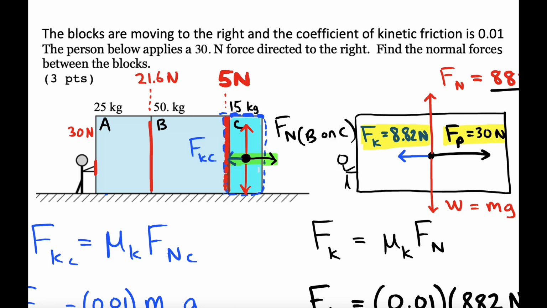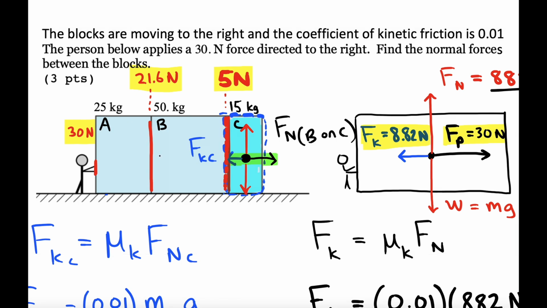And it should always be like that, where you start with a high value at the point of contact, and then the value goes down as you move through the object, because at this point, you only have to accelerate this much of the mass, or this portion of the mass. When you get to here, you only have to accelerate a smaller portion of the mass. So the normal force is going to be proportional to the amount of mass that has to be accelerated.